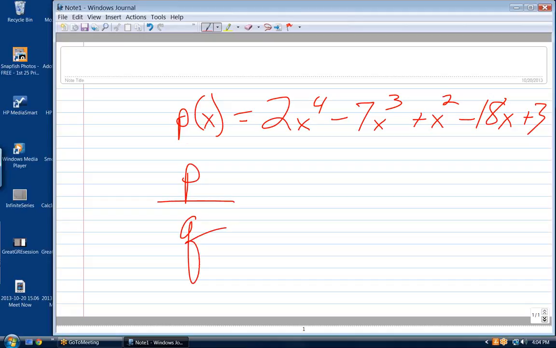It says that if you have a higher degree polynomial, in other words, something bigger than a quadratic, usually we're working with cubics, and if there are rational zeros, then the numerator of the rational zero is a factor of the constant, and the denominator is a factor of the coefficient on the first term. Yeah. So if I know the P over Qs.